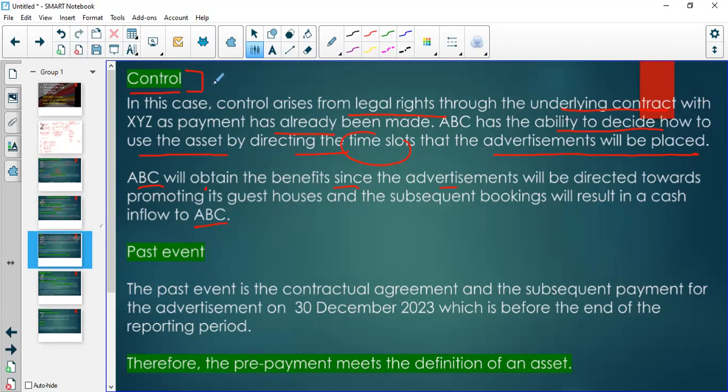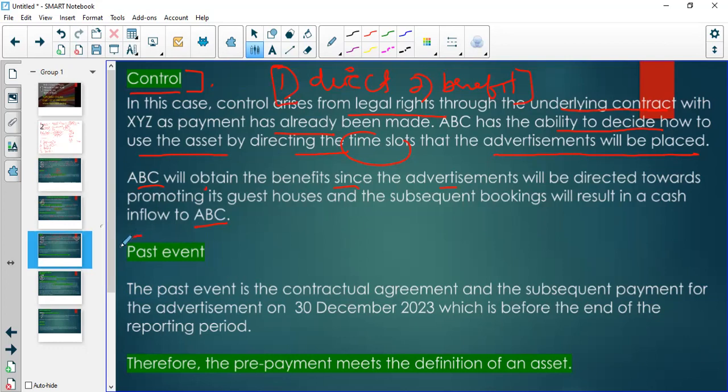So in talking about control, we identify whether the entity can direct the use, right, and whether it can prevent others from benefiting. So basically, if it does that, it has control. It obtains the benefit and stops others from enjoying those benefits.